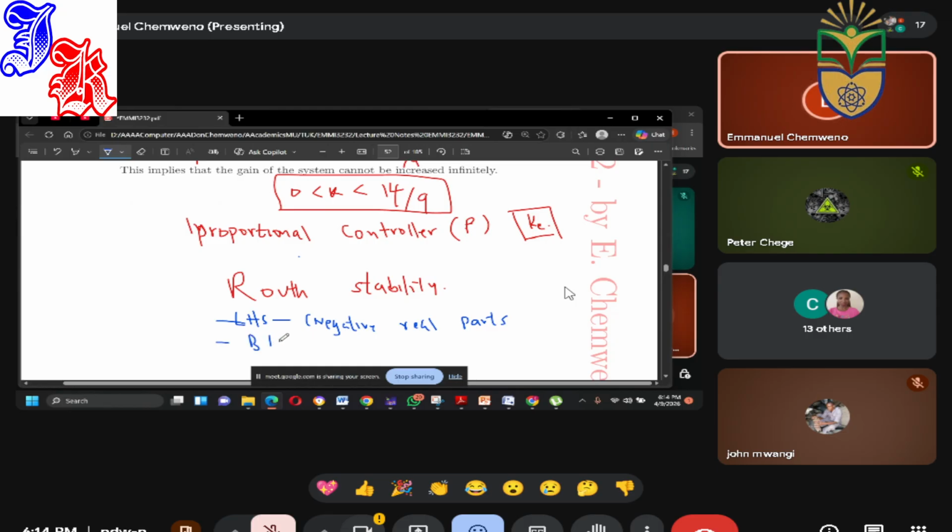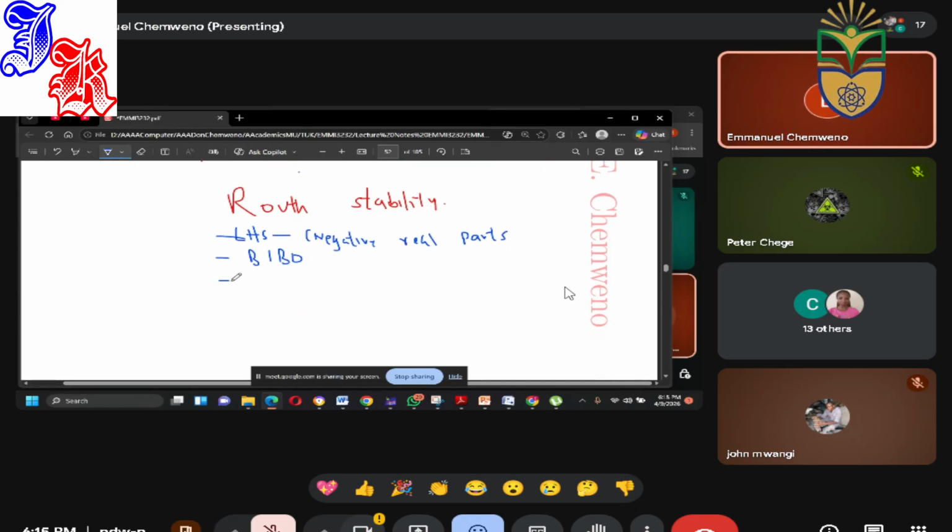Alternatively, bounded input, bounded output, or the response should die out, go to 0, when no input is applied. And instead of examining each root, we use root stability criteria.